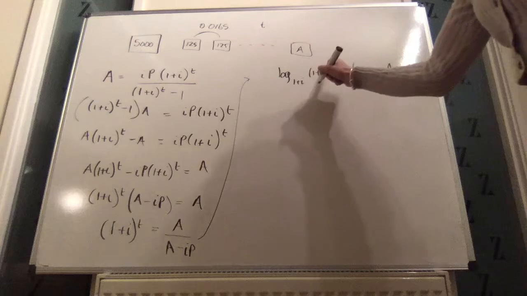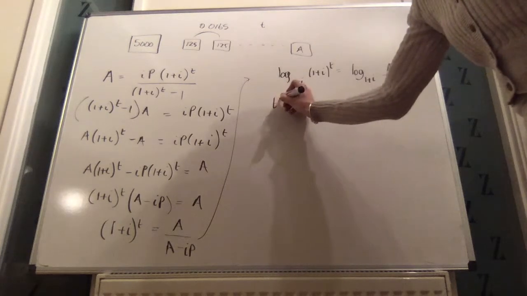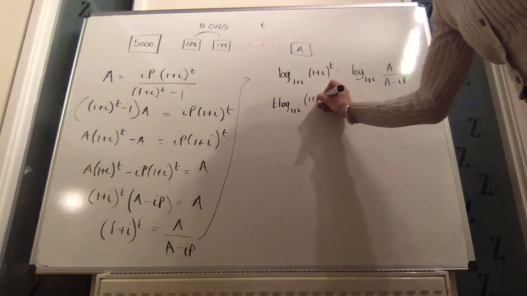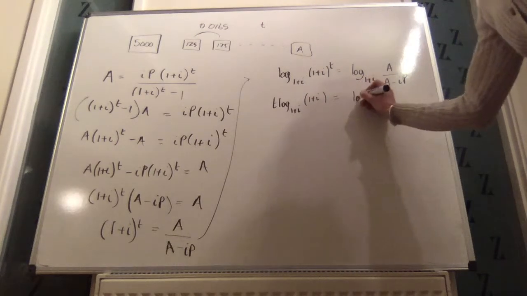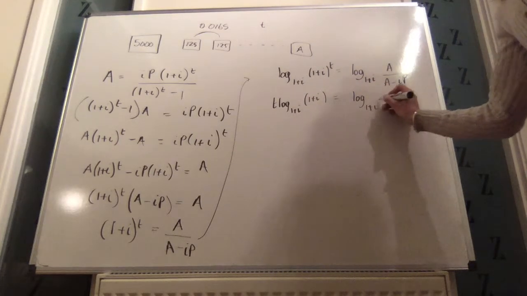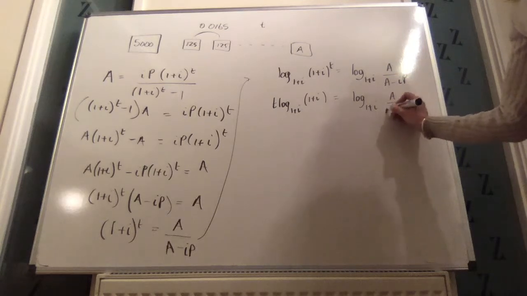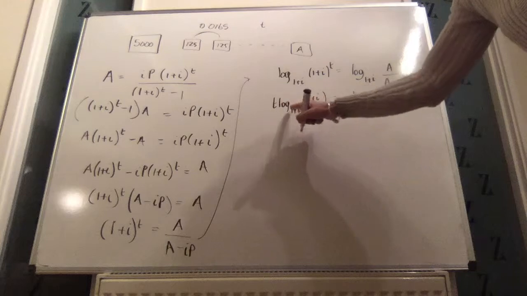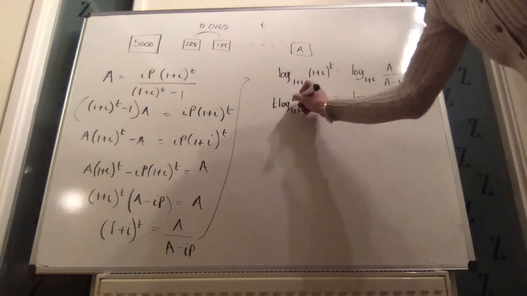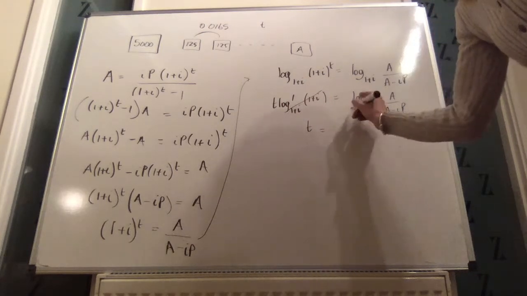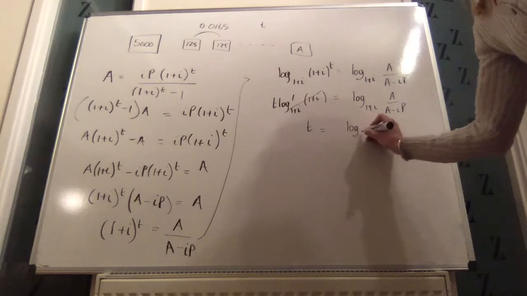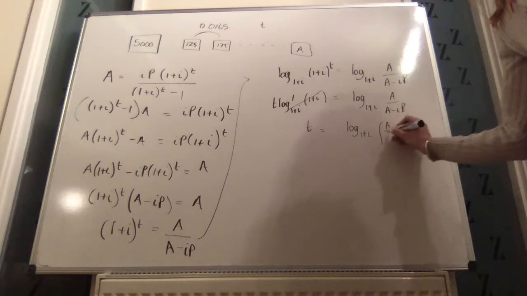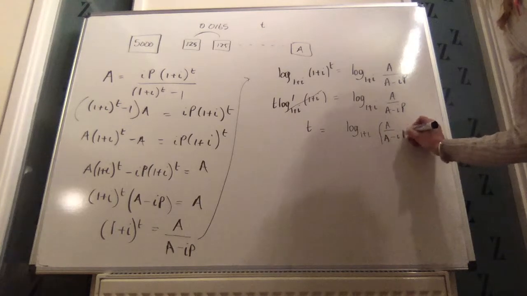Now you can bring your T outside, so T times log to the base 1 plus I of 1 plus I is equal to the log to the base 1 plus I of A over A minus IP. But the log of a number to its own base is just 1. So T is equal to the log to the base 1 plus I of A over A minus IP.